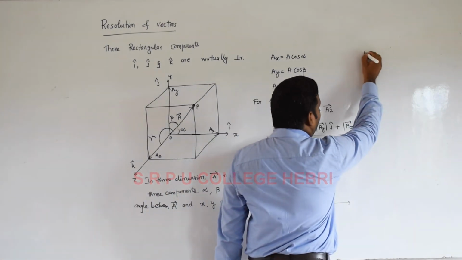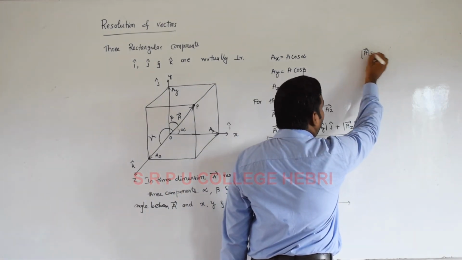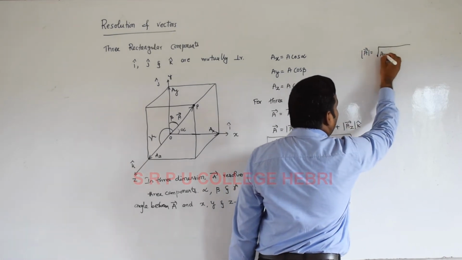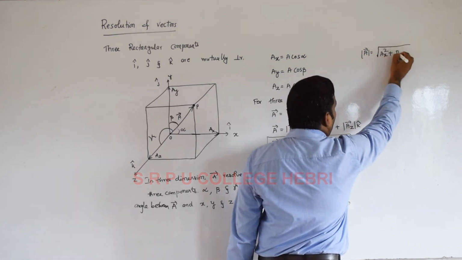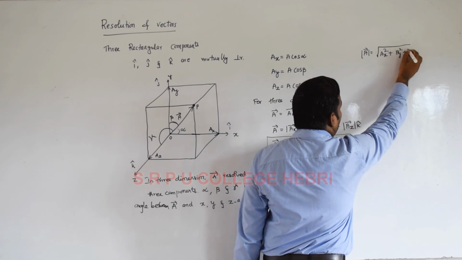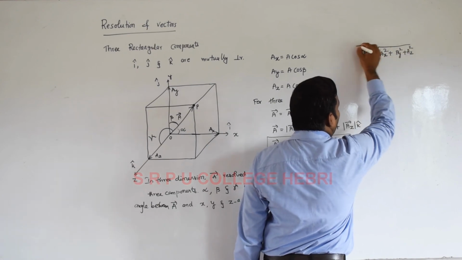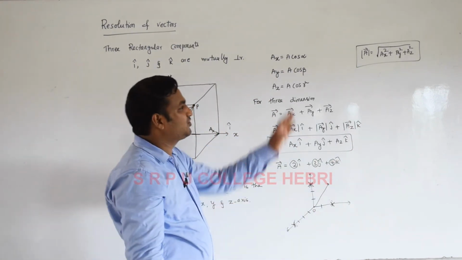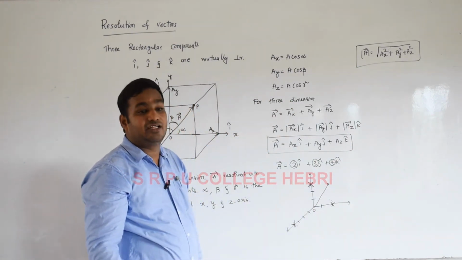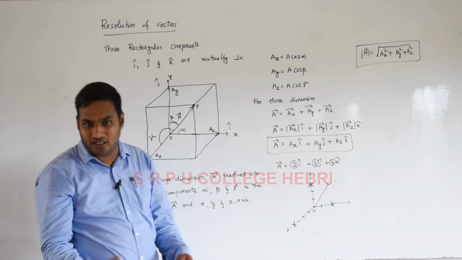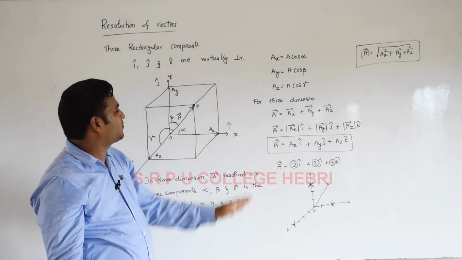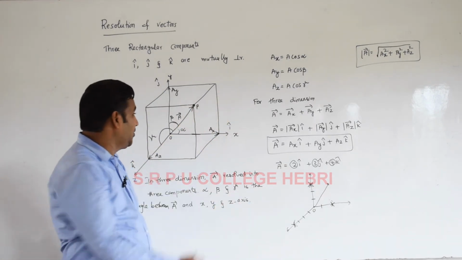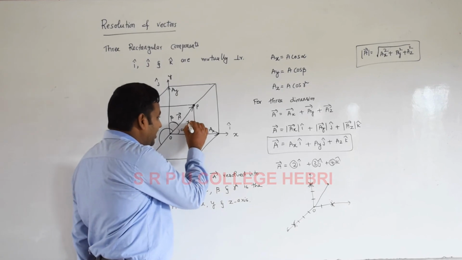Next important thing, the magnitude of vector A becomes the square root of the component along the x-axis ax square, plus the component along the y-axis ay square, plus the component along the z-axis az square. It is the magnitude. Keep this result in your mind. And in different contexts, this one is also called a position vector. We denote this one as position vector r.